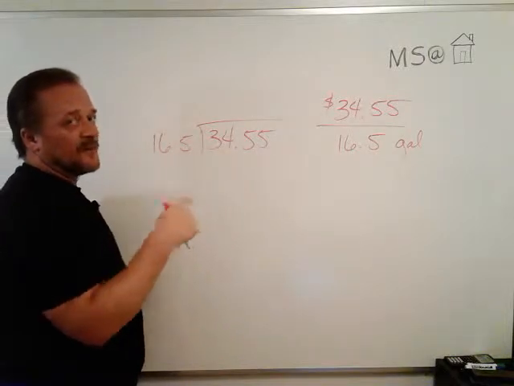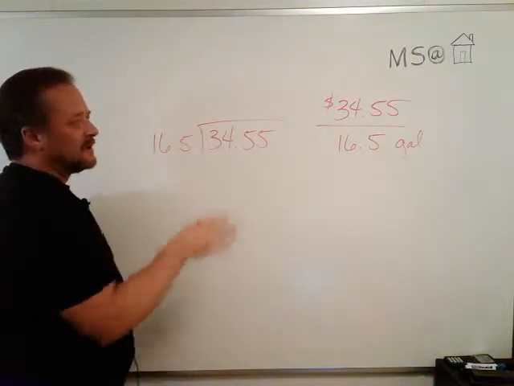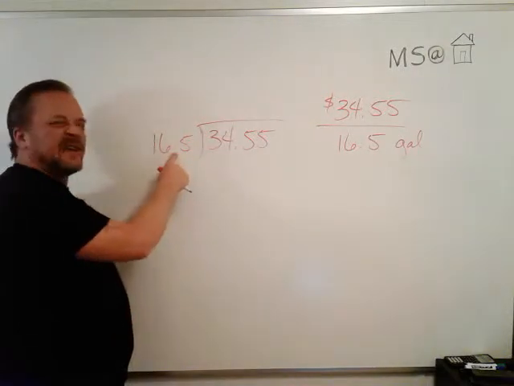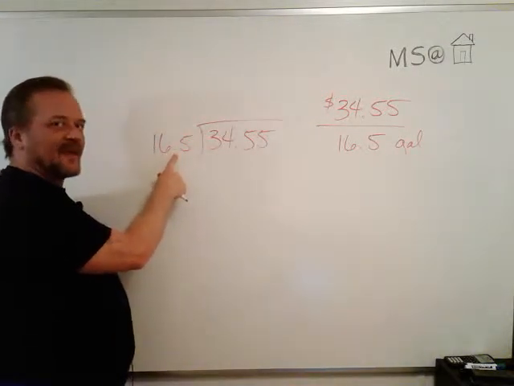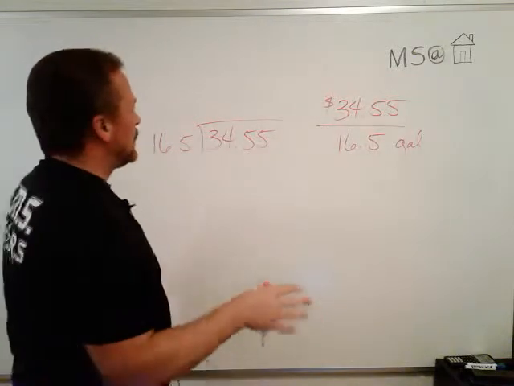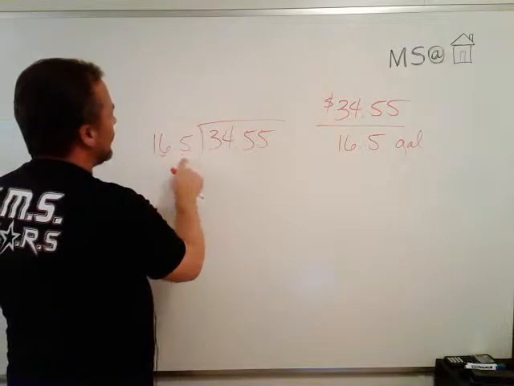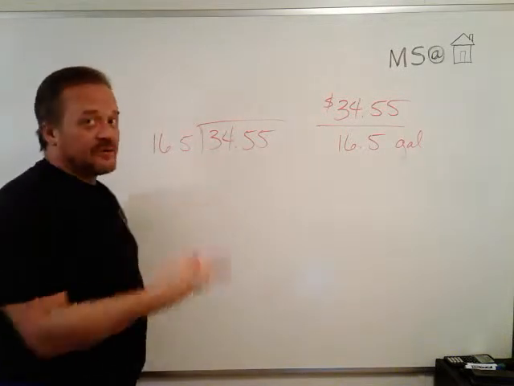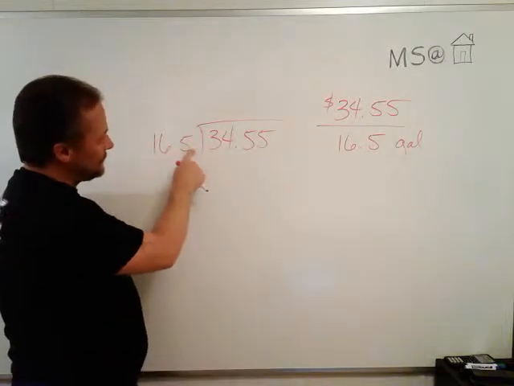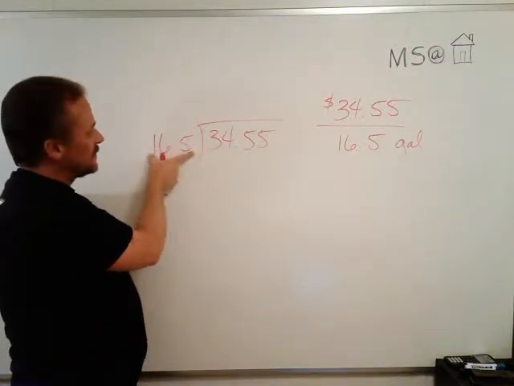Don't ignore decimals yet, but remember when you're doing the algorithm, don't let the decimals mess with you too much. But we have a decimal here in our divisor, and that doesn't suit us well. We'll end up getting the wrong answer. So we want to make sure that this becomes a whole number before we start, and we do that by moving the decimal 1 time to the right, because that'll give us a whole number of 165.